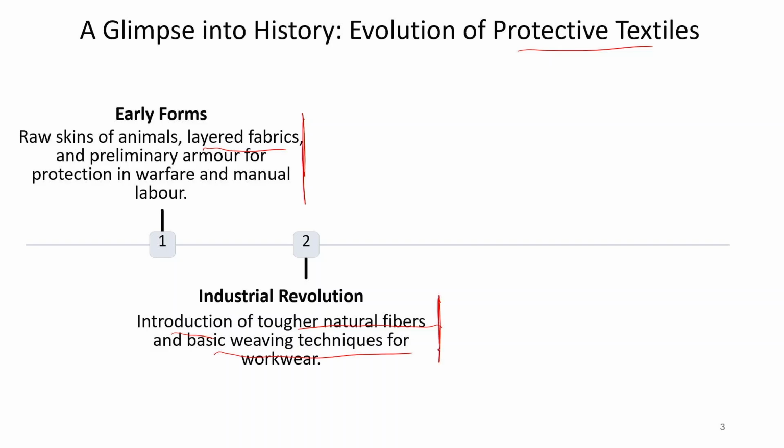Like plain weave or some twill weave we use with the tougher natural fibers. So, that is the second stage of evolution.